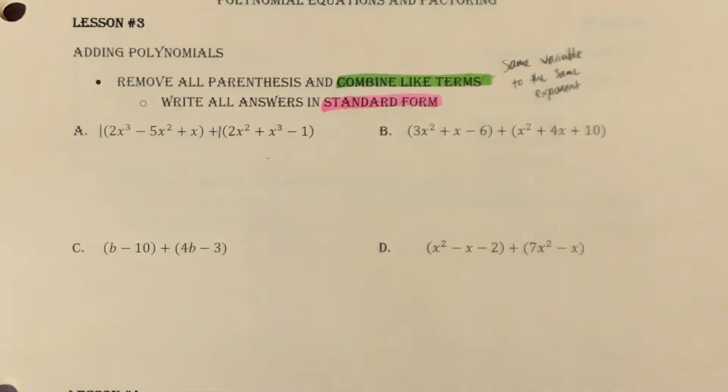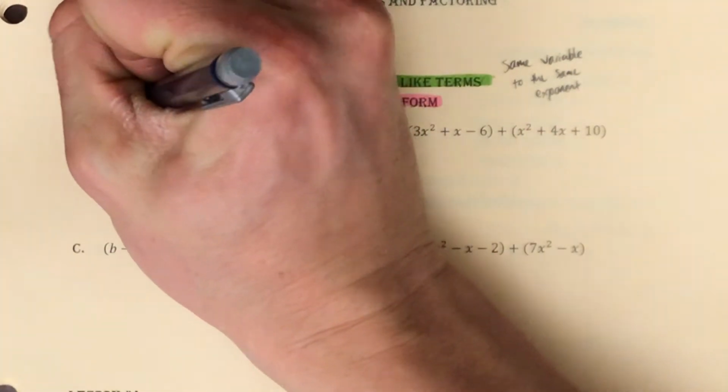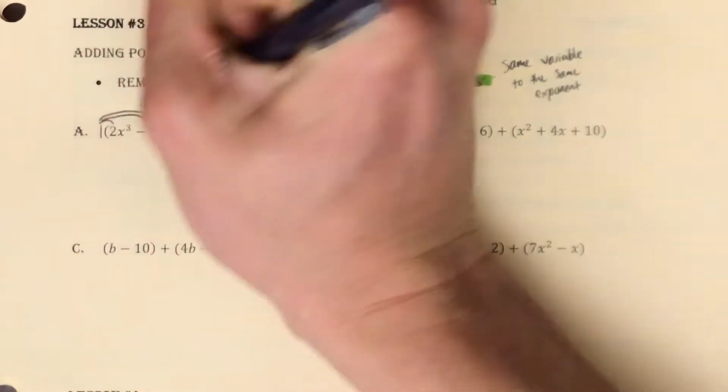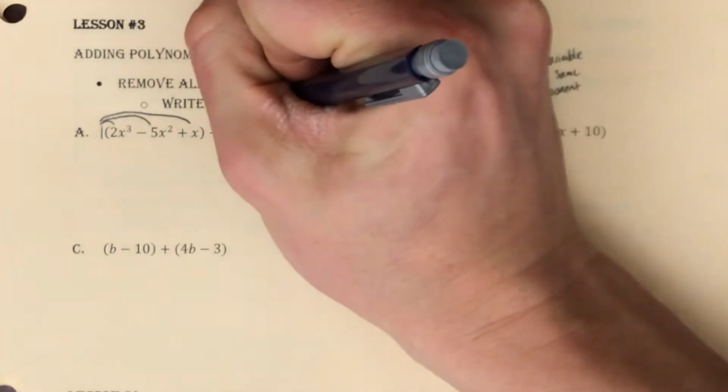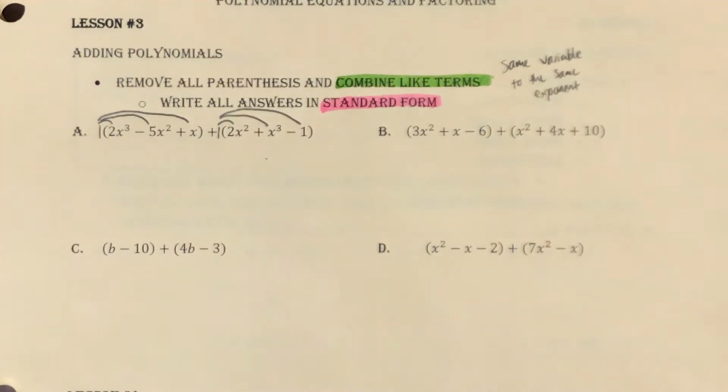Well, using the property of distribution that we've talked about before, I would multiply every one of these terms by the number 1. But when we multiply each term individually by the number 1, and particularly a positive one, it doesn't actually change anything. 1 times anything is still whatever that thing was. So that's why we can actually just remove all parentheses and solve.